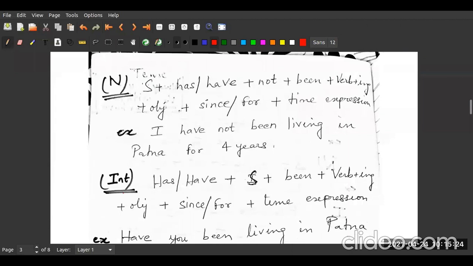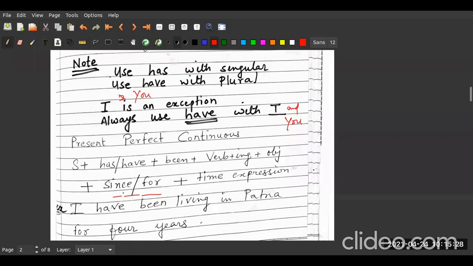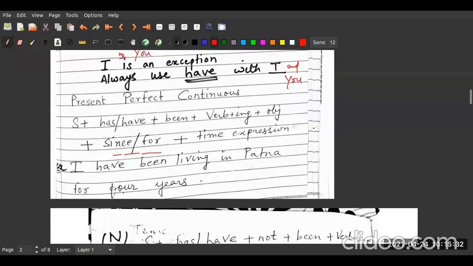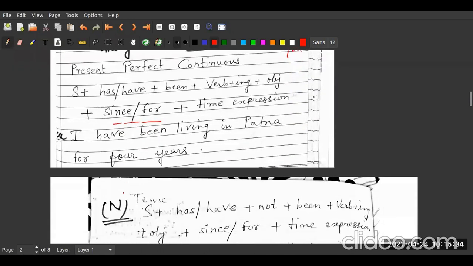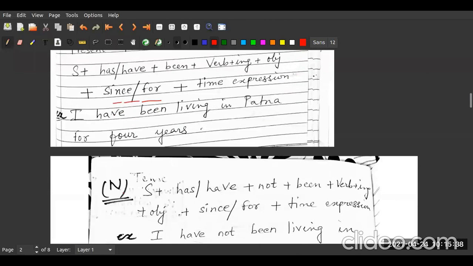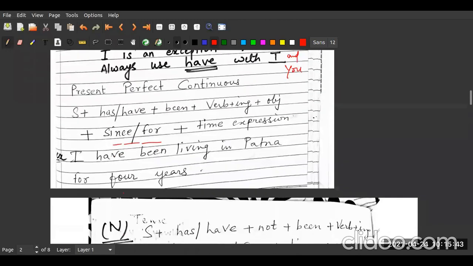So making the negative is very easy. I have not been living in Patna for 4 years. So has, have के बाद not लगा देना. Then again the making the interrogative is also very easy.